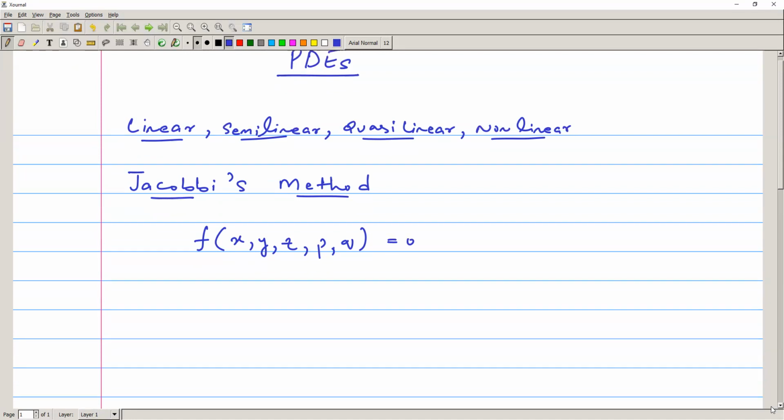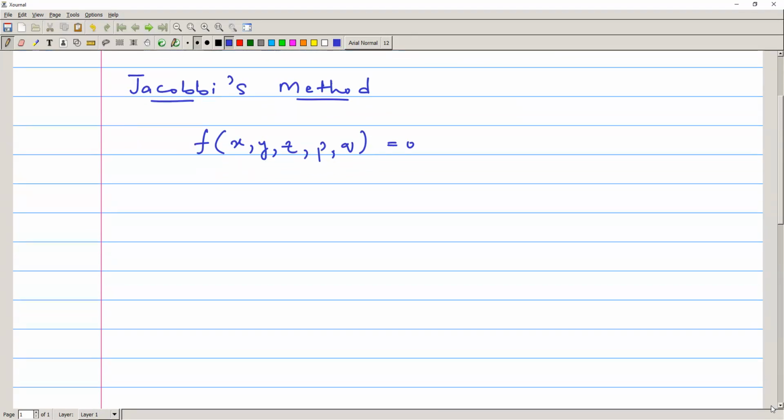So we are given a nonlinear partial differential equation of this type. What we have to do first is assume that the partial derivative with respect to x, that is p, is equal to negative ux over uz, and the partial with respect to y, q, is equal to negative uy divided by uz.